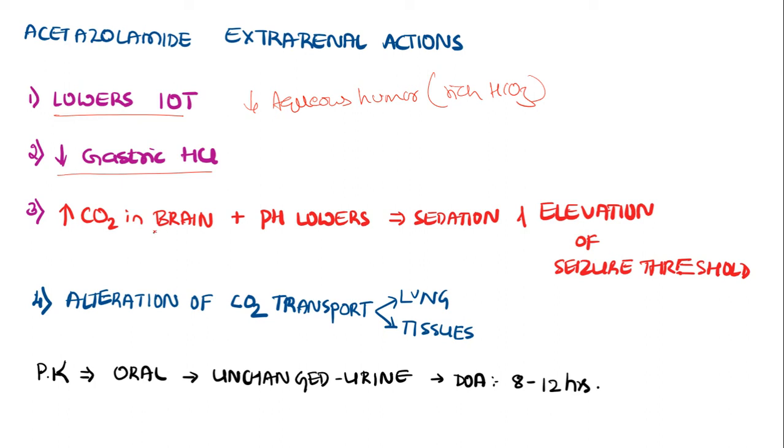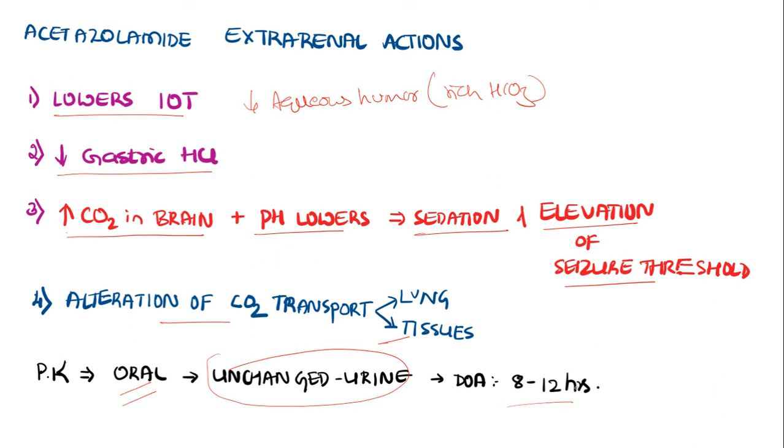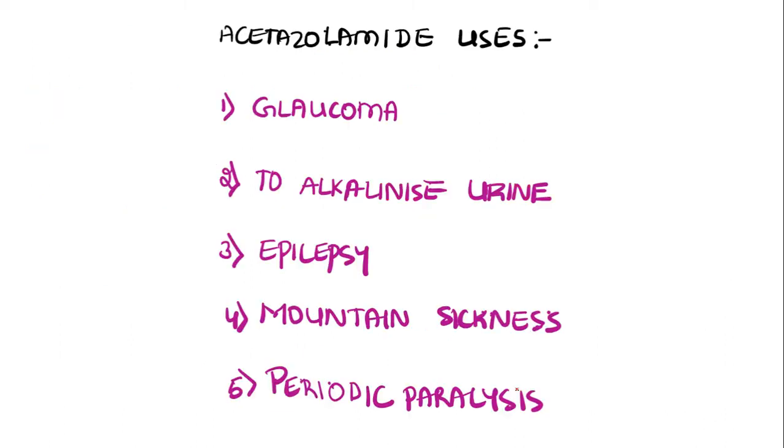It also tends to raise the carbon dioxide levels in the brain, thereby lowering the pH, which produces sedation and elevates the seizure threshold. It also brings about alteration in carbon dioxide transport in the lung as well as tissue, which can be masked by compensatory mechanisms. It is given by the oral route, most of the drug is excreted unchanged in the urine, and the duration of action is 8 to 12 hours.